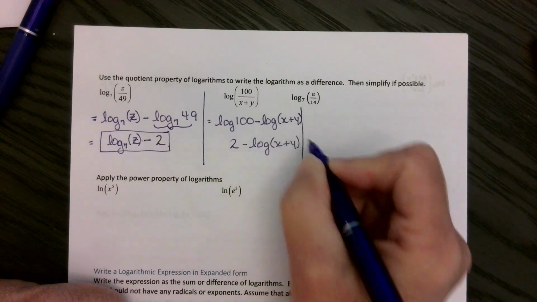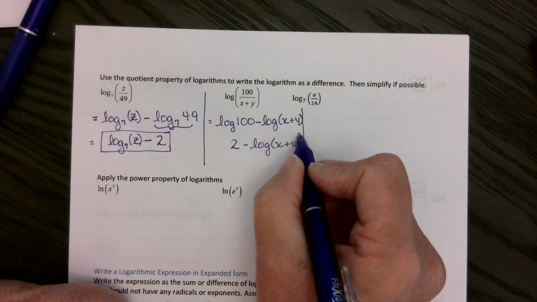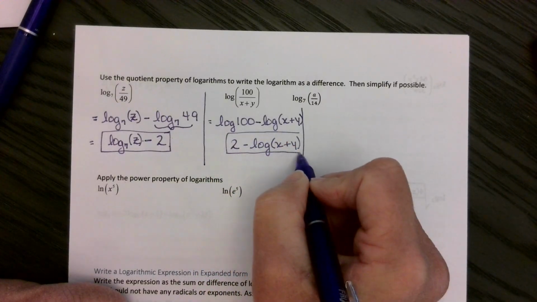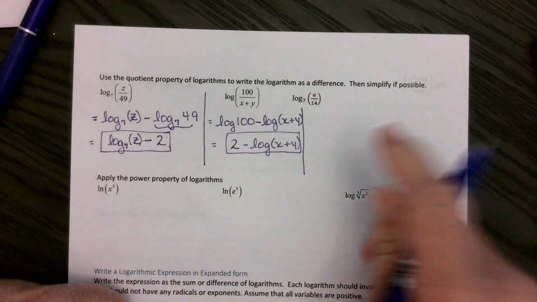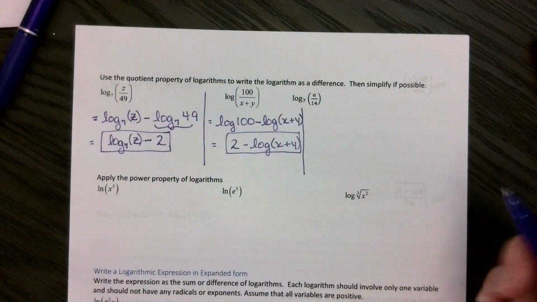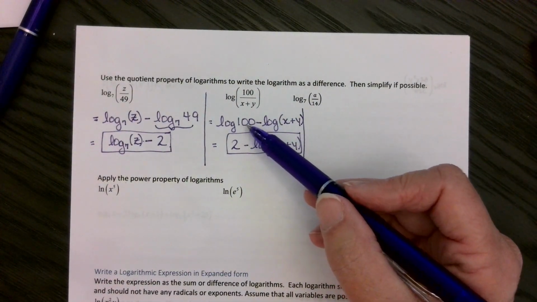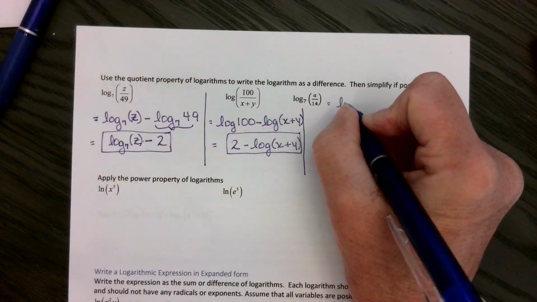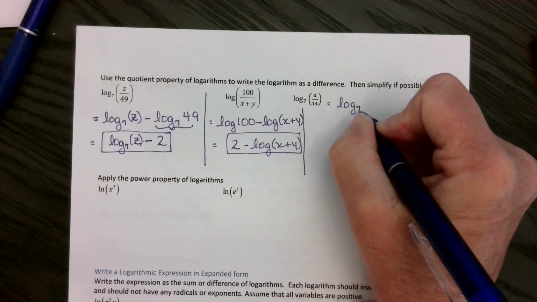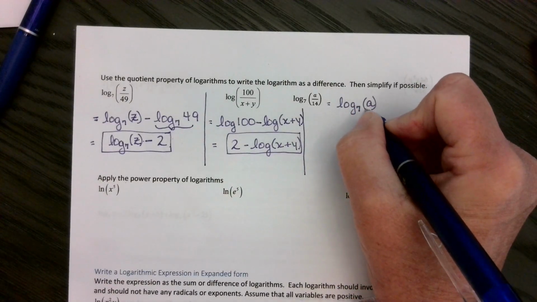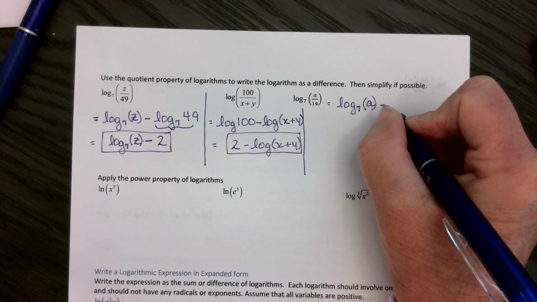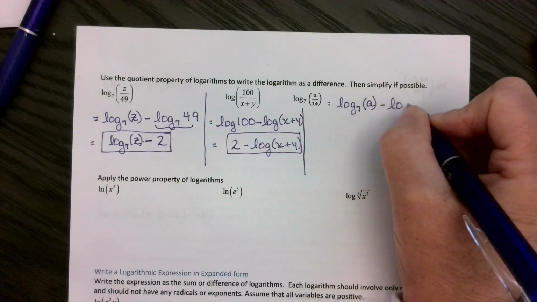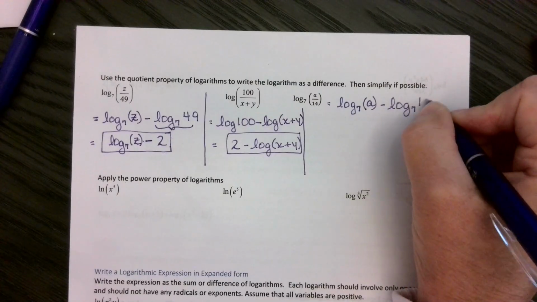And remember, there's no rule for addition, only multiplication, division, and exponents. So we're done with that. Always double check to make sure it can't simplify. And this one right here, we have log base 7 of a minus, because it's division, log base 7 of 14.